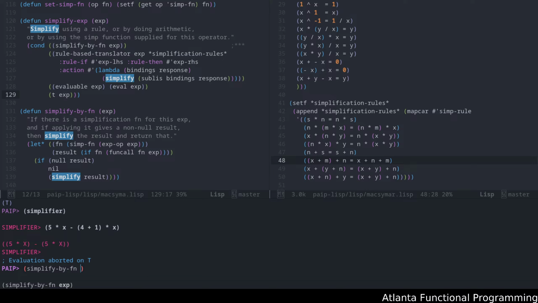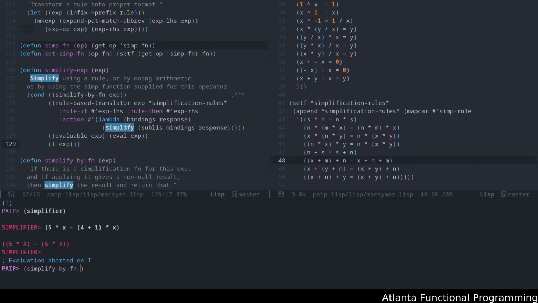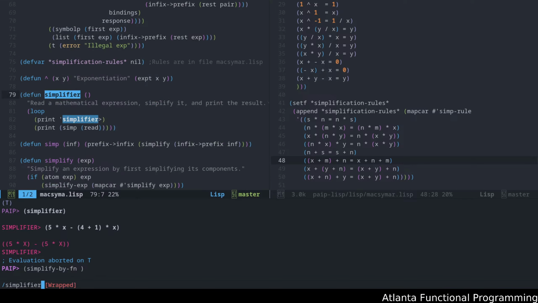And in the simplifier, let's make sure we follow the simplifier's rules. We need to call simp on the expression and then call simplify by function.